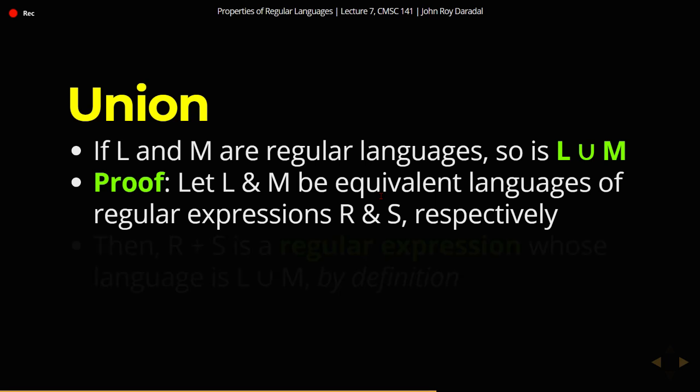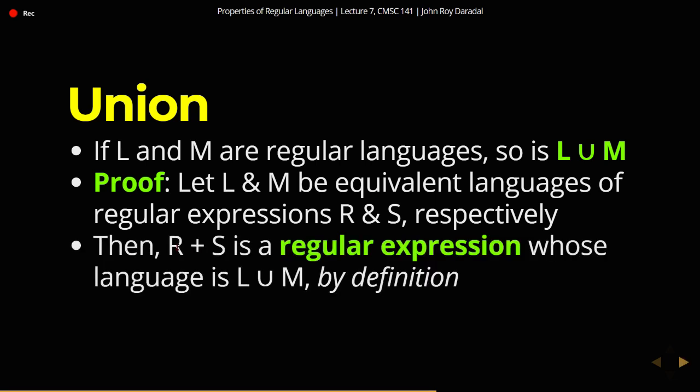To get the union of L and M, we'll just take the union of R and S as a regular expression. This is already a valid regular expression by definition, because union is a basic operation for regular expressions. So this language is also regular because it has a regular expression. So we have proven that the union of L and M is also regular because there is a regular expression for it.